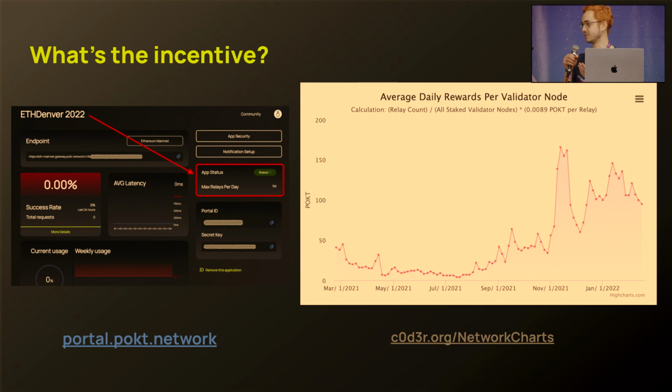What's the real incentive? Well, what's driving all of this growth is our rewards. It's financial incentive for validators to run Pocket nodes alongside other full nodes of other blockchains, and applications get a very high quality service at a cheap price by staking POKT, which is how we also reward the node runners in the network.